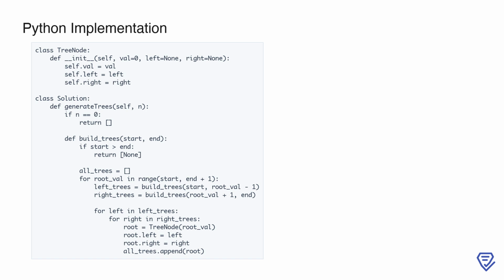Next, we initialize an empty list called all_trees to store all unique trees for the current range. We then iterate through each possible root value within the range, from start to end. For each root value, we recursively generate all possible left subtrees and right subtrees by calling build_trees on the respective subranges. This is the essence of the divide and conquer approach used here.